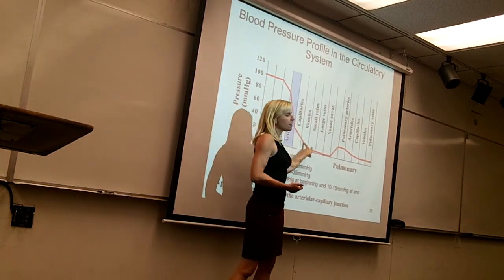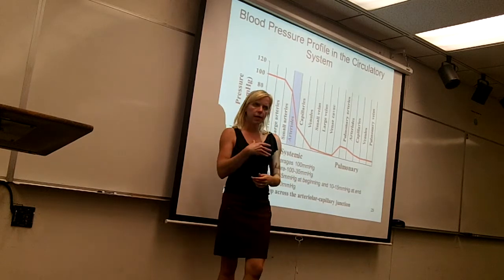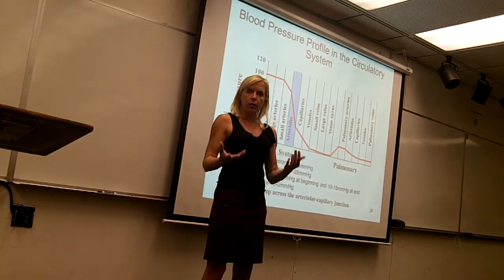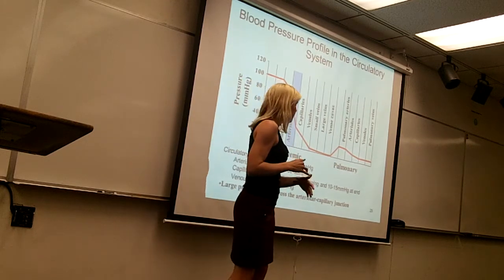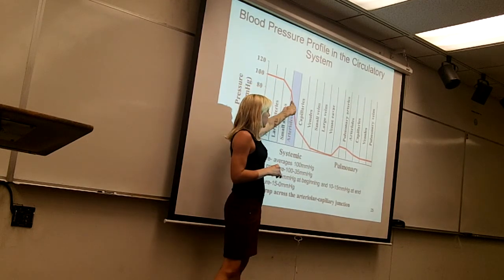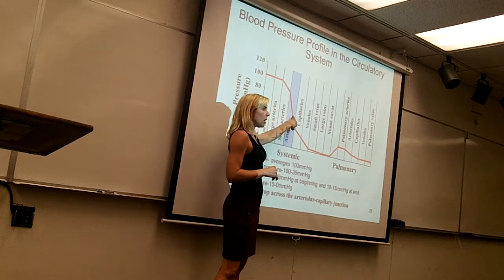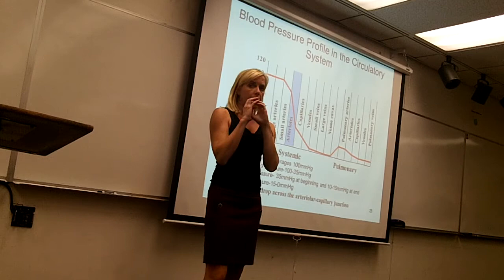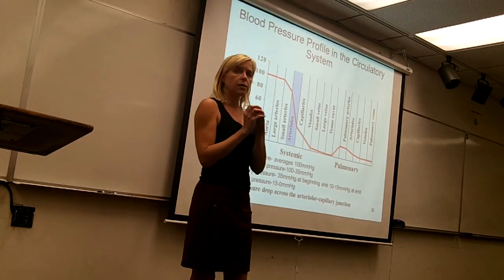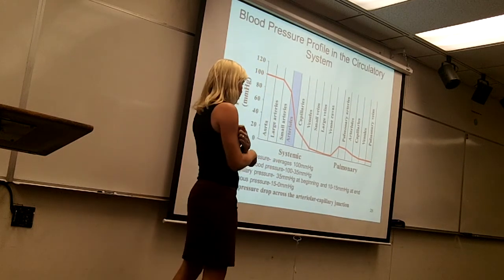We have to have this change in pressure in order to get blood to flow. We know that blood will only flow from an area of high pressure to low. We see that there is the greatest change in pressure across the arterioles. They have a thick tunica media. They're going to have a huge dampening effect on that erratic pulsatile nature.